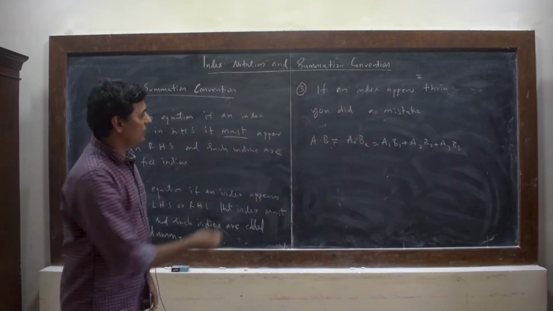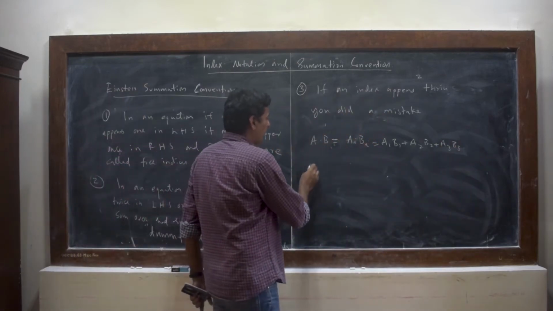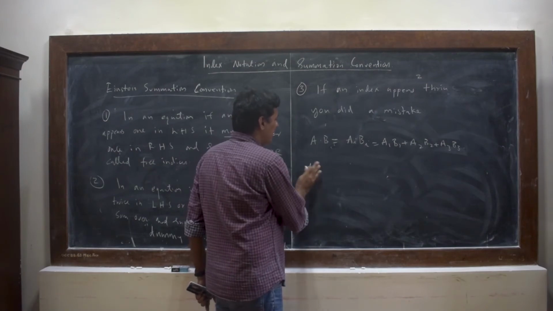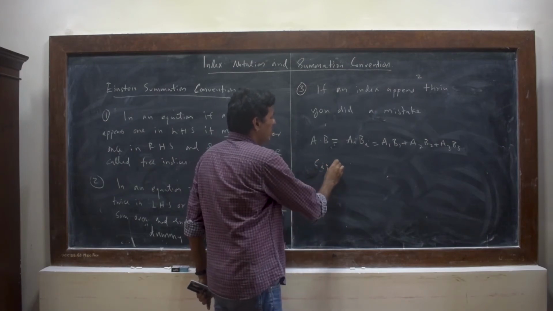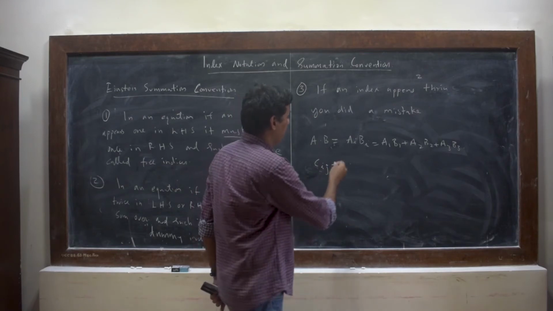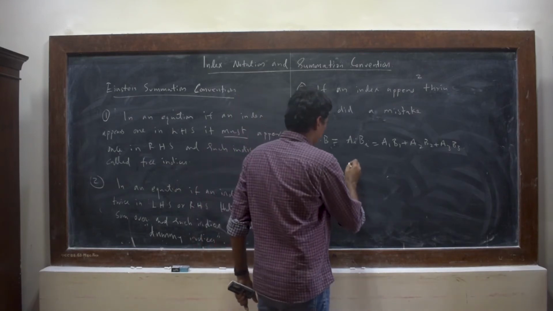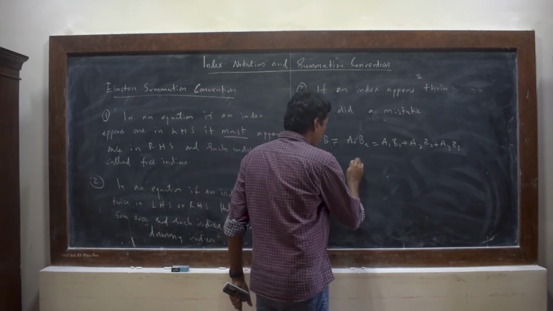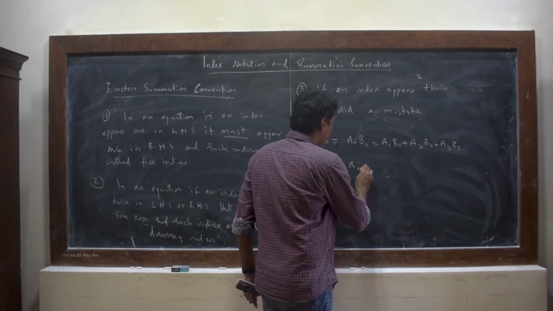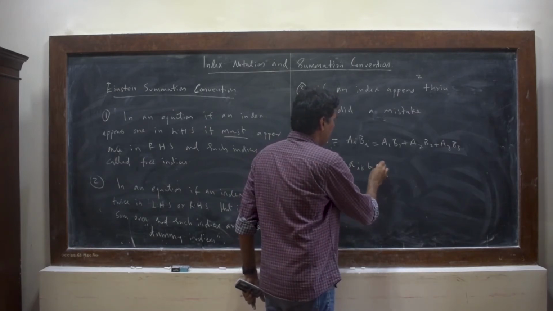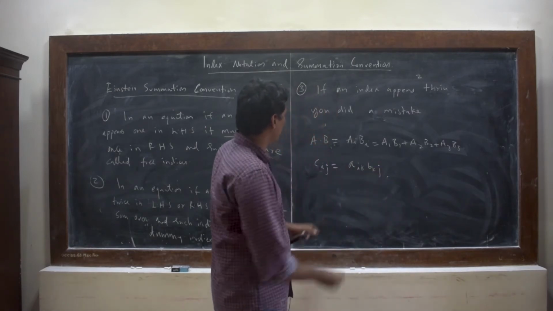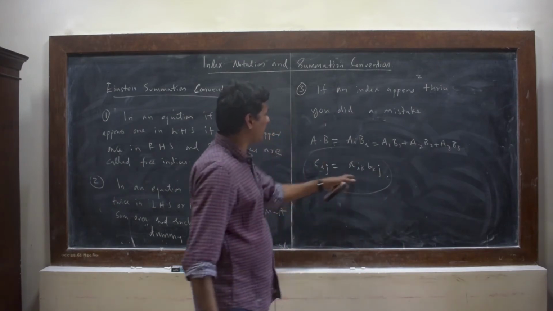Similarly, the matrix product which I told you, Cij, previously we wrote as Aik Bkj, and this is enough. You can write the product like this.